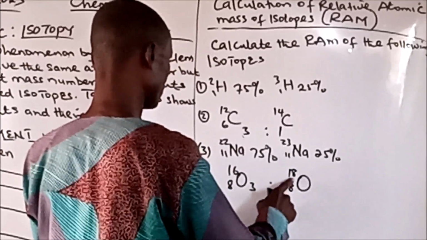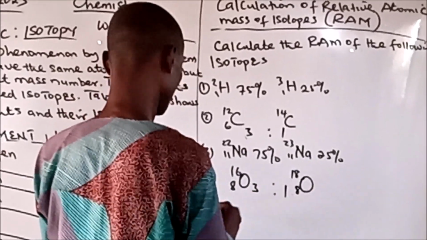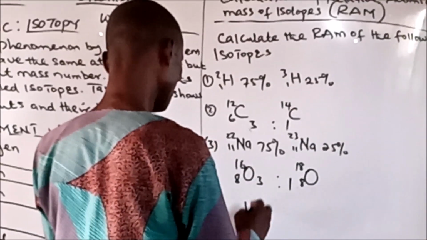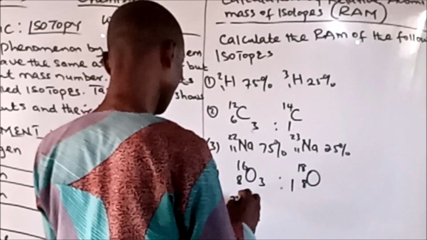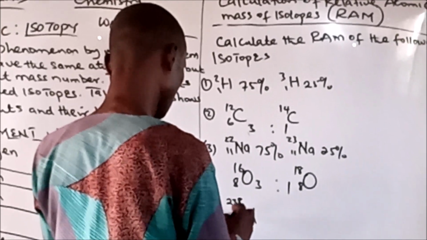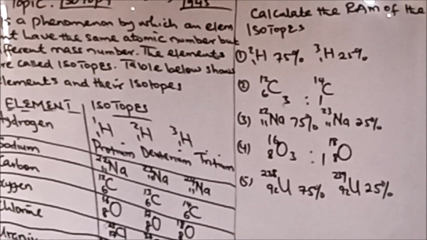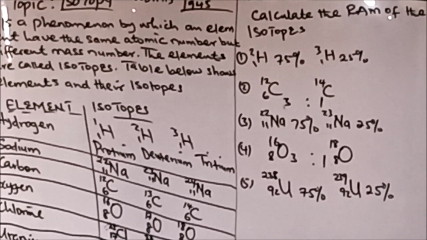Then the last one, uranium-238 and its relative abundance. The abundance of each isotope is divided by 100.